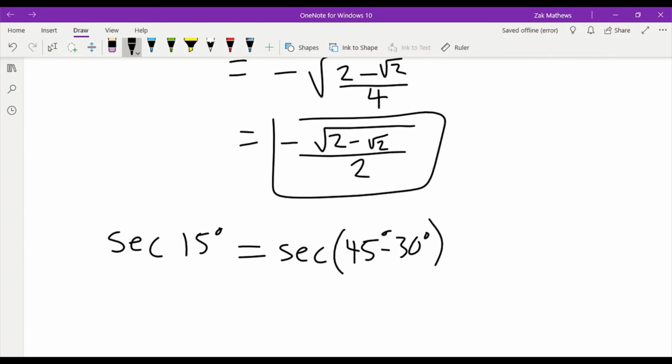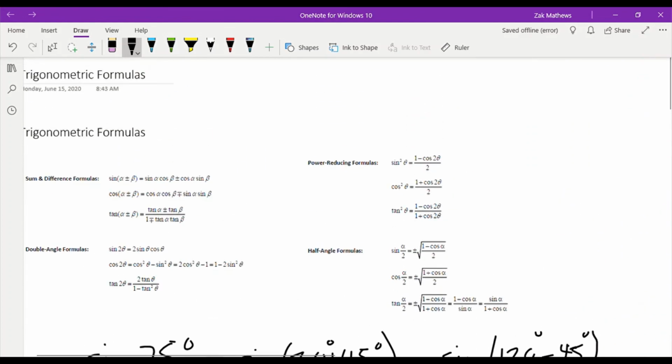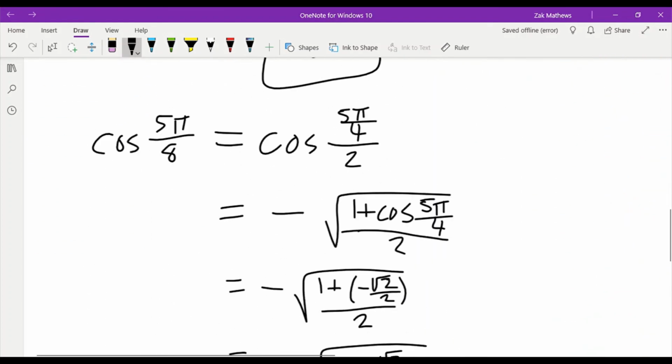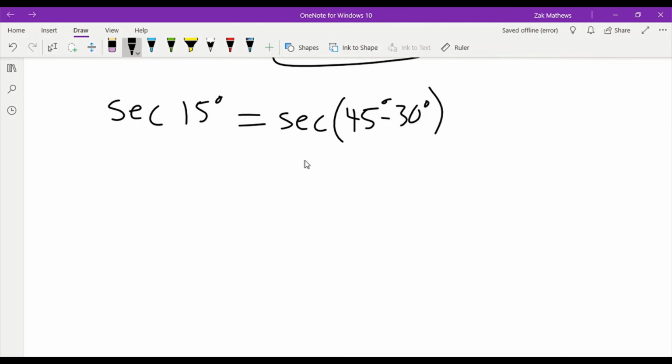But that doesn't really help me because if I go all the way back up here, I don't have a sum and difference formula that deals with secant. But I do know that secant is the reciprocal of cosine. So I can write this as 1 over cosine of 45 minus 30.